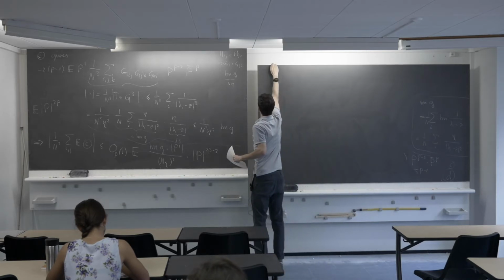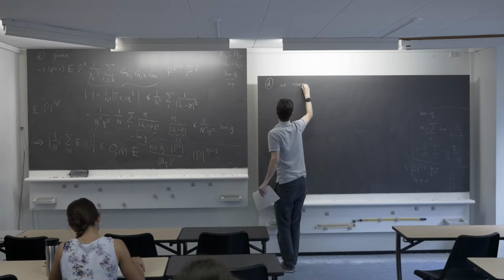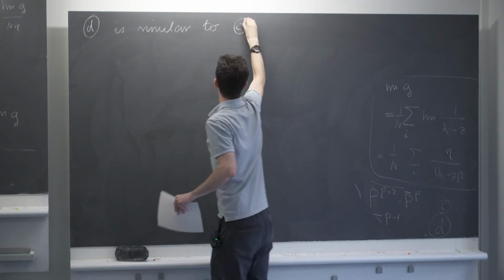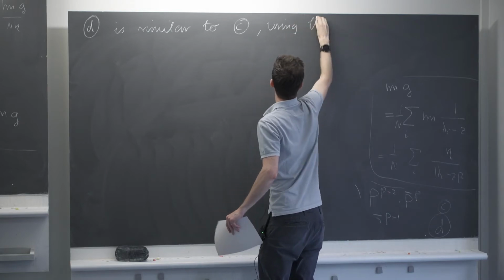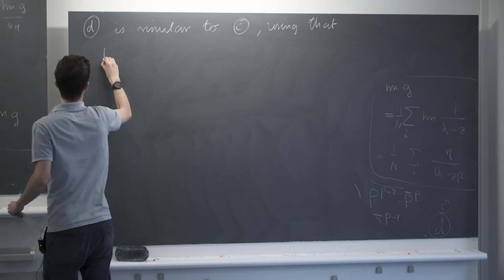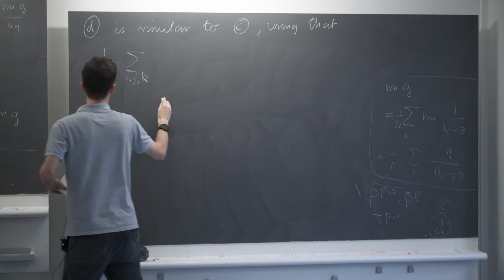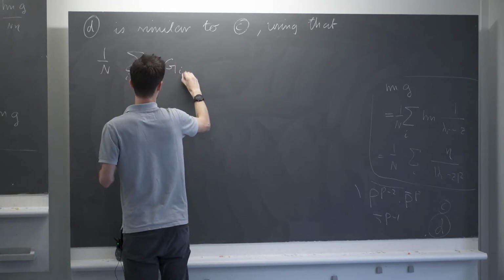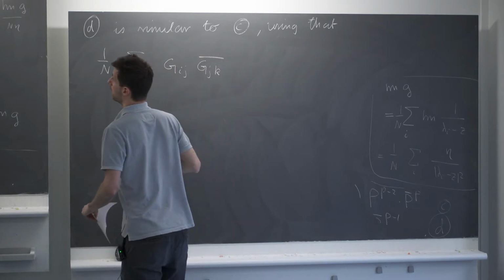So let me just explain the difference. So D to C. I just erased D very cleverly, but if you recall what it was, you have the same expression: G_ij, G_jk, and G_ki.